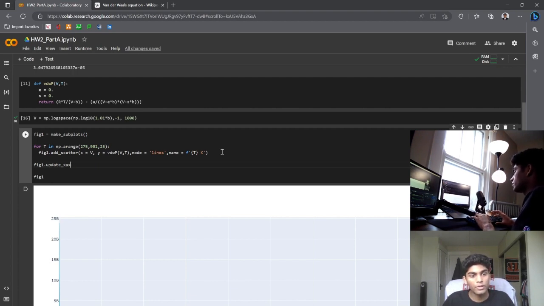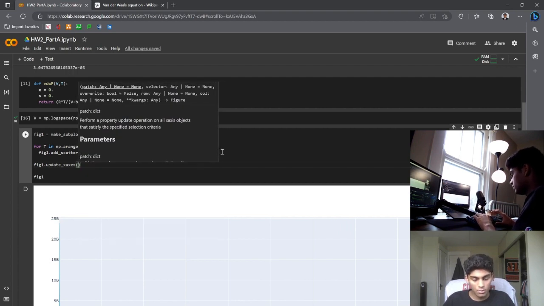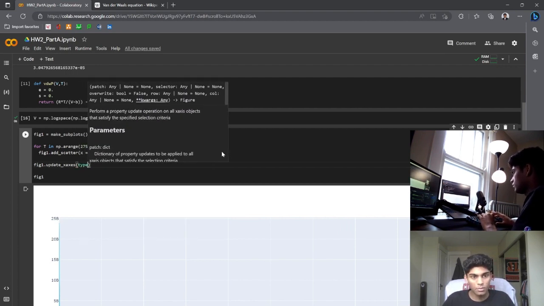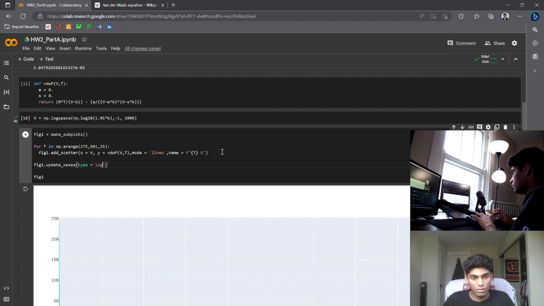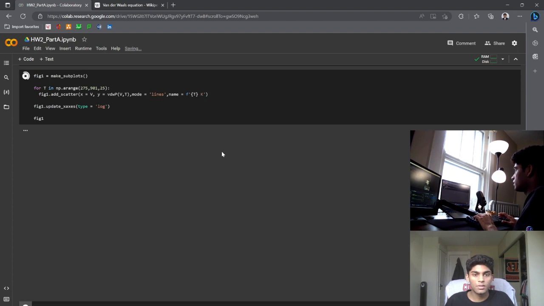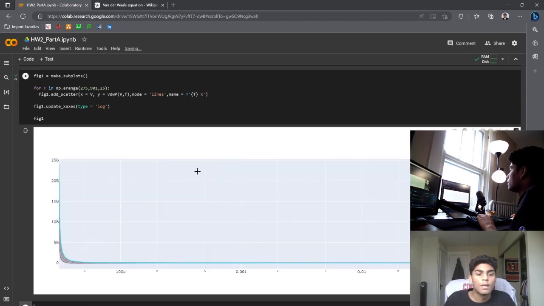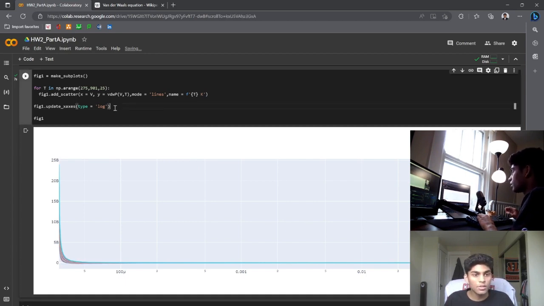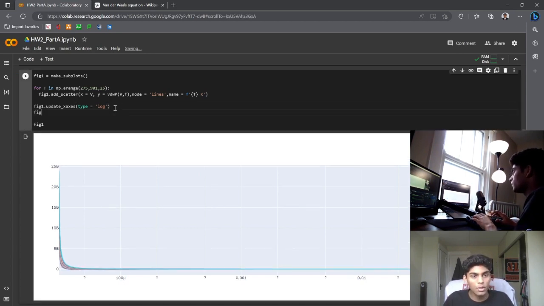We're going to turn this into a logarithmic axis, so type is going to equal log. Let's take a look at how that looks. It's taking a bit. Okay, we're starting to see a bit more separation between our lines now, so it's a good start. So let's also update our y-axis.